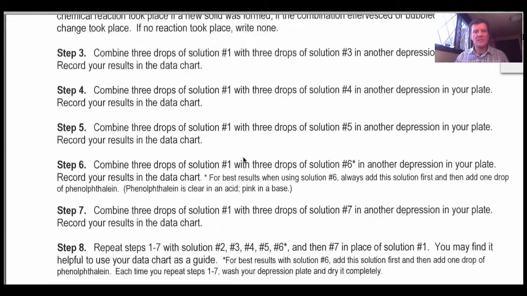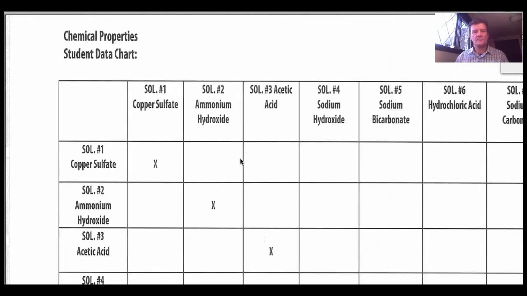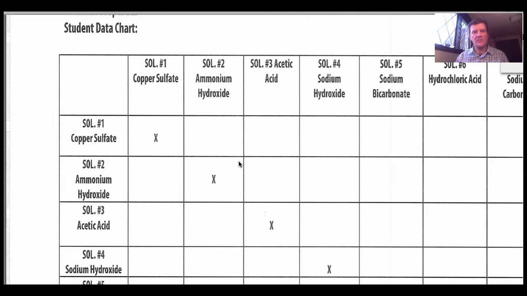So I'm going to give you right now the outcomes of combining these different solutions. We're going to combine solution number 1, which is copper sulfate, with solution number 2, which is ammonium hydroxide. I'm going to tell you what you're going to see, not what the products are, but what evidence. Are you going to see a color change, a precipitate, or whatever?